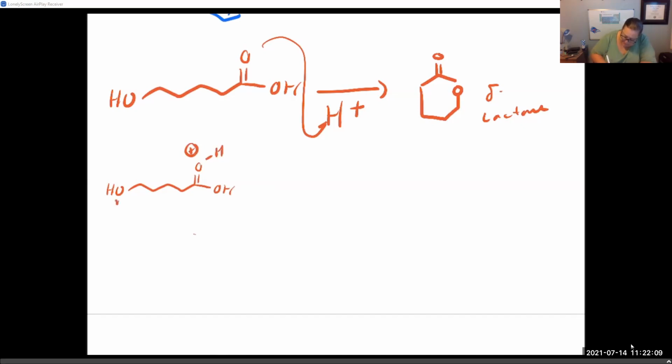Those are lone pairs. The lone pairs on the oxygen atom, of course, will attack. And this is where stuff starts to get a little wonky. I'm going to have this intermediate species.